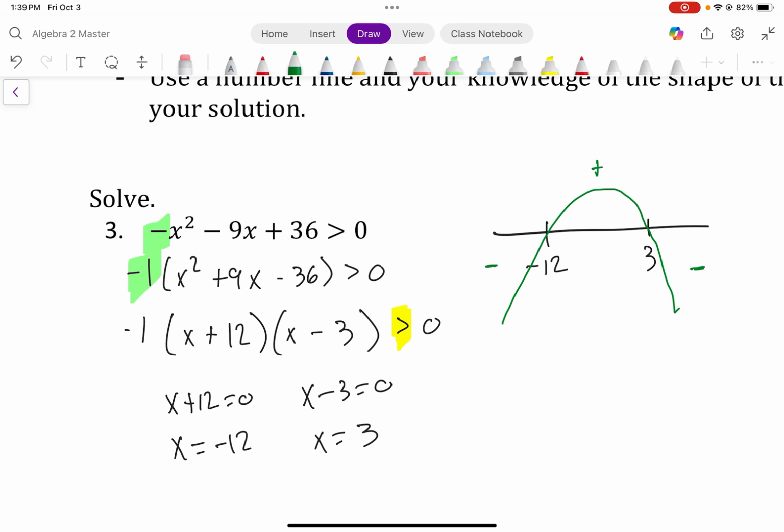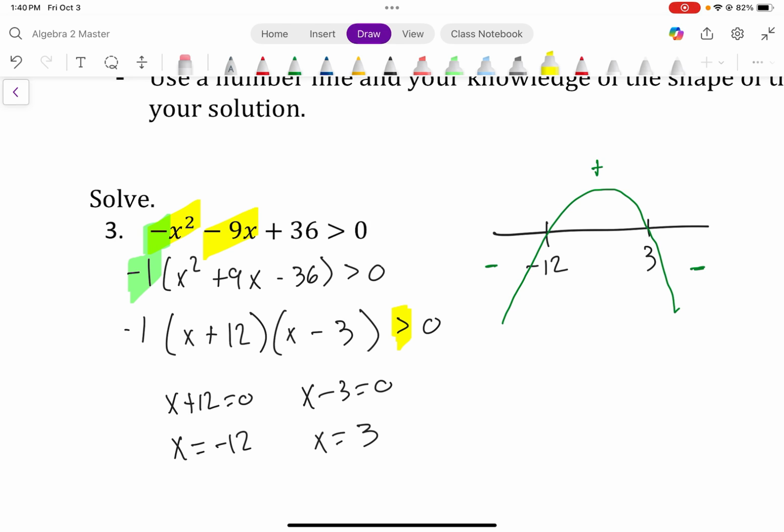Which means if I plug in an x value less than -12, further to the left than -12, my output value will be negative. If I plug in a number for x between -12 and 3, such as 0, my output value is going to be positive. Well, if I look at the original equation, if I plug in 0, that's gone. That's gone.